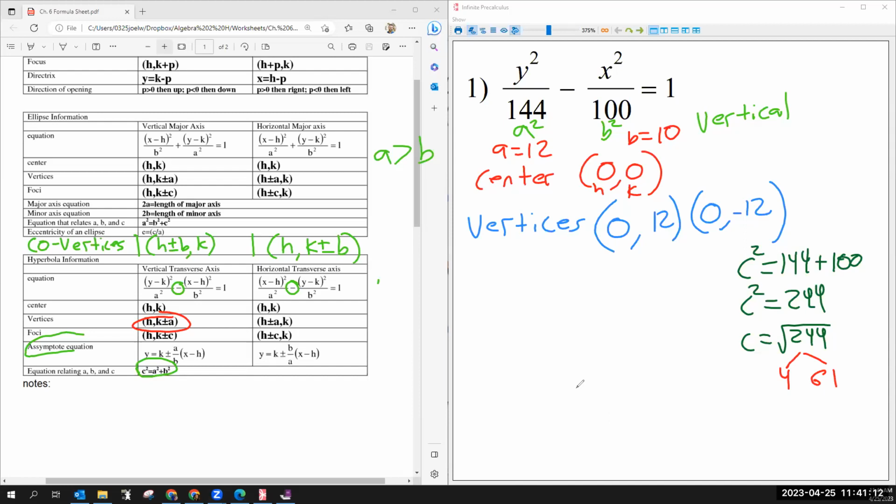I know 4 breaks into 2 and 2. Does 61 break into anything? So that's 2 square root of 61.